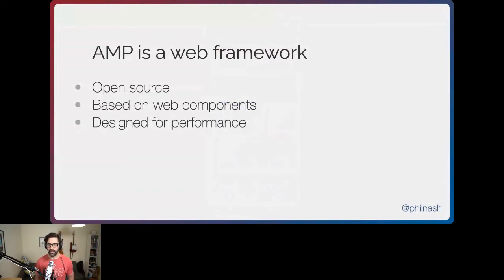But it also requires the people developing AMP websites to host them on Google servers in the Google cache, and that's why they appear on a Google URL. And that's the bit I don't like about it. I feel like that breaks the web, and I believe that we can build fast websites without having to host them inside Google's infrastructure so that they can preload things. But that's a side point to all of this.